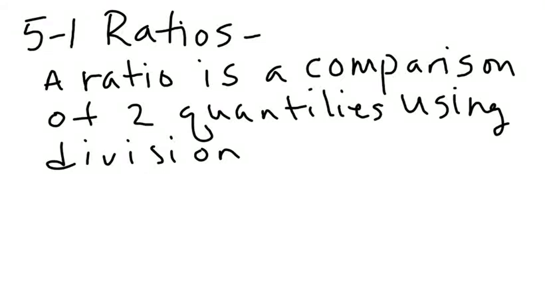5-1. Ratios. A ratio is a comparison of two quantities using division. For example, let's say that your team scored 20 points and the other team scored 17 points.